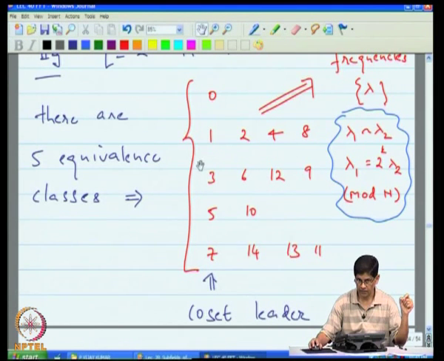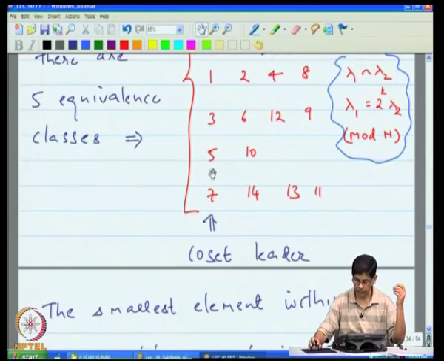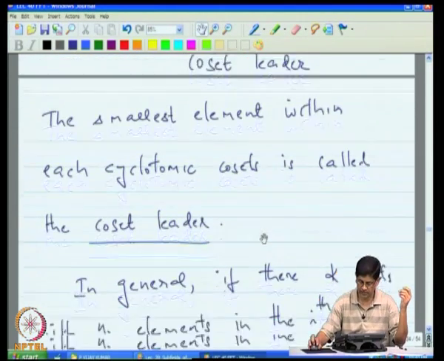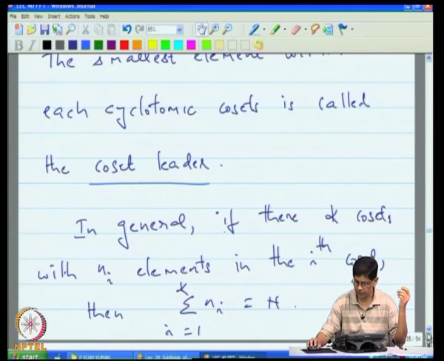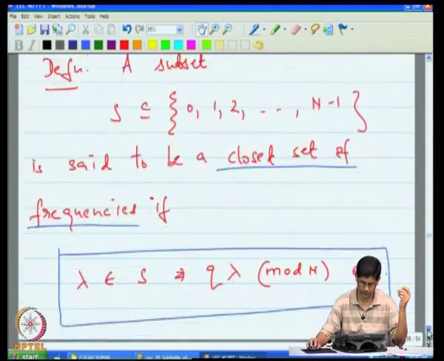Okay, so when I include 3, I am actually bringing along the entire cyclotomic coset. Supposing I next choose 2, I am forced to bring 1, 2, 4 and 8, because 2 times 2 is 4, times 2 is 8, times 2 mod 15 is 1. So, I am forced to bring along this entire cyclotomic coset. For this reason, closed sets are the union of cyclotomic cosets.